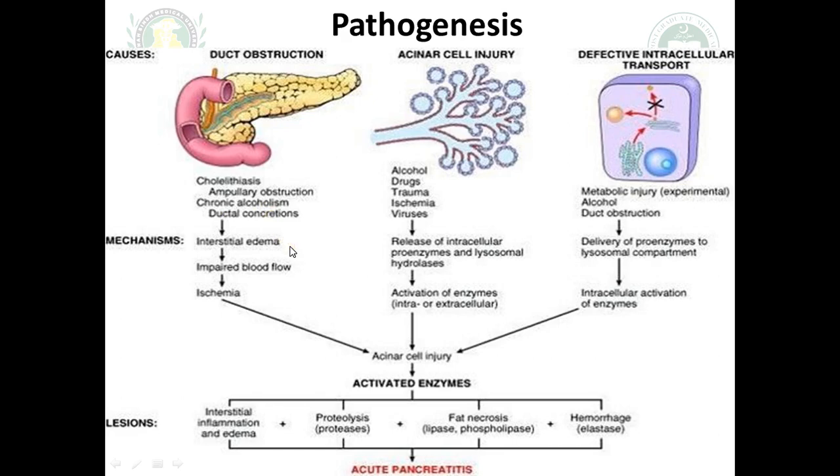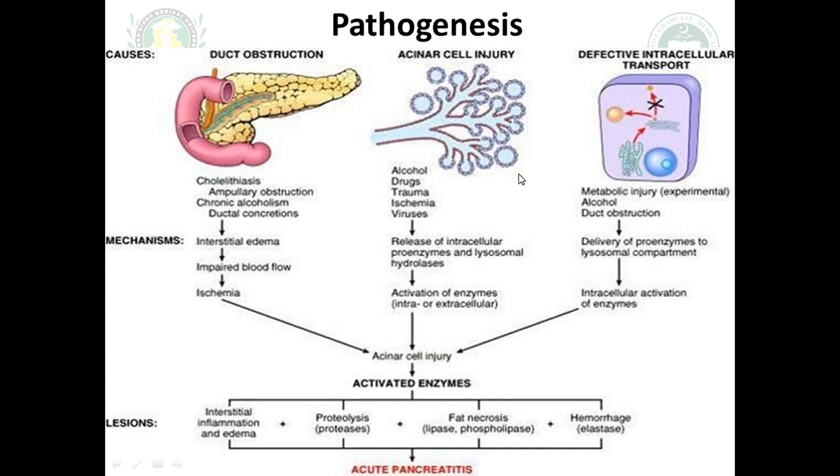All these things, when there's a duct obstruction, basically cause interstitial edema of the pancreas. It will impair the blood flow of the pancreas and it will cause ischemia, and this ischemia will lead to acinar cell injury as a result.